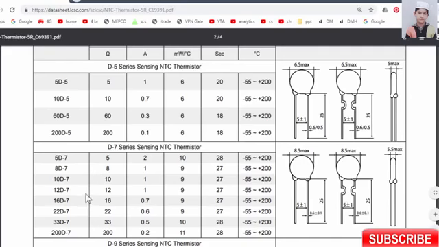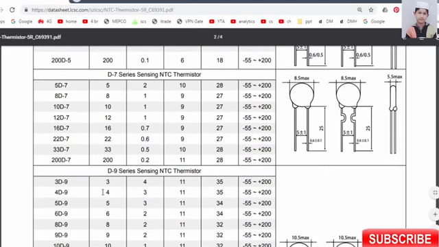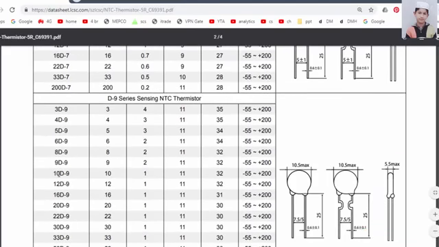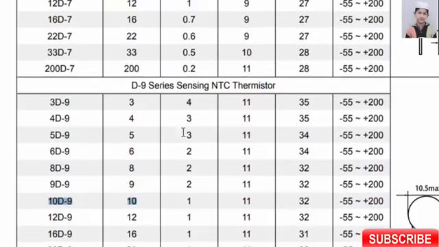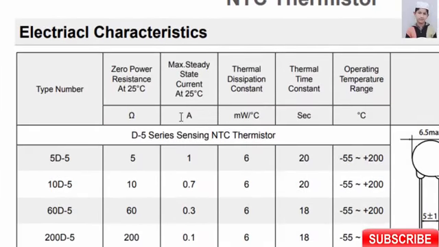It is D7 size. We have D9 size. D9 is the size of the chip. So 10 D9 is 10 ohm resistance. If we see the top column, the maximum steady current at room temperature is 1 ampere.